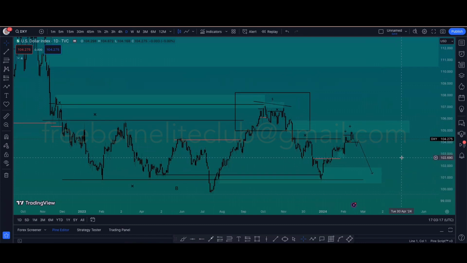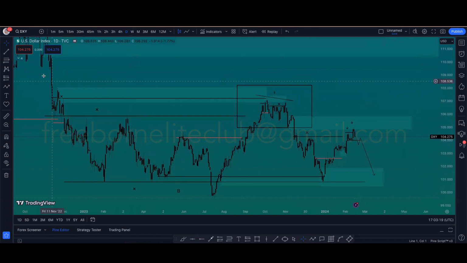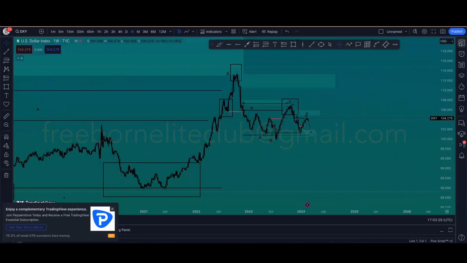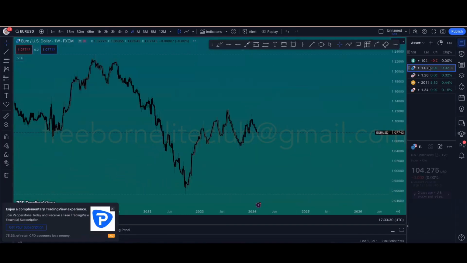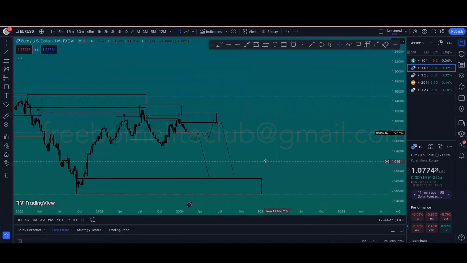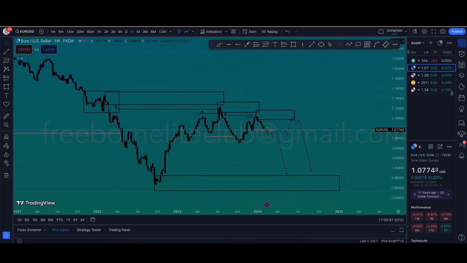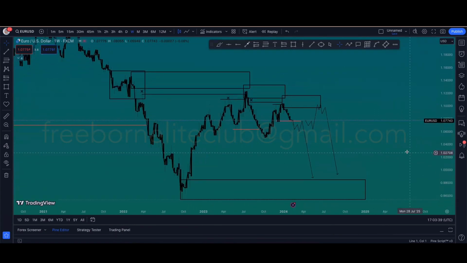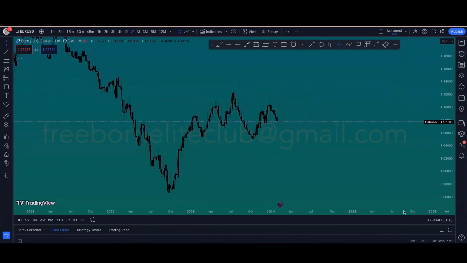So now I'm going to show you something, just a quick comparison to open your eyes to something. What you see right here is the dollar, but let me go to the Euro USD. Now look at the Euro USD. I've already done an analysis here on Euro USD for what I'm expecting, but let me take everything off.